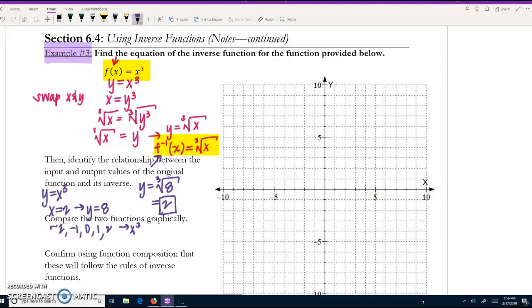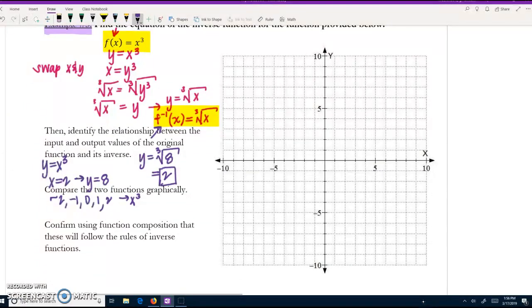If we plug -2 in as our first point, we're going to be down at -8. -1 is going to be -1, 0 is 0, 1 is 1, and 2 is 8. This function we graphed quite a lot back in our polynomial unit. This is just our cubic function. So this is what we would call f of x.